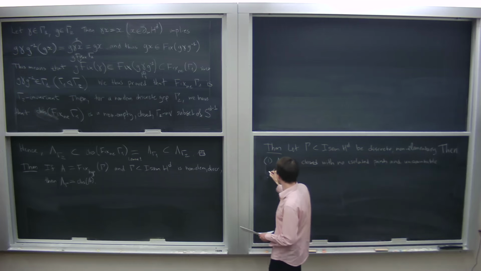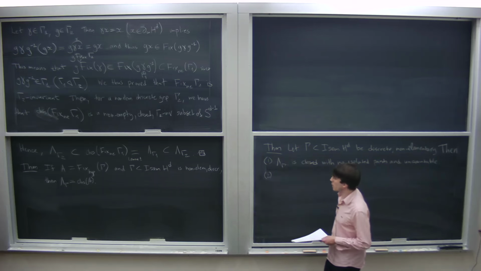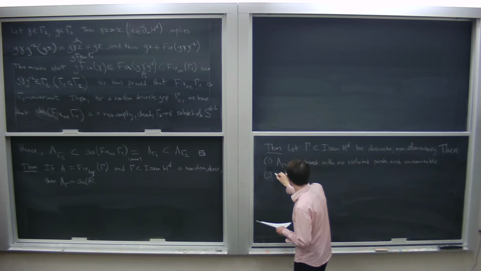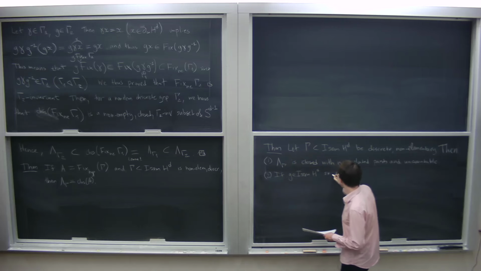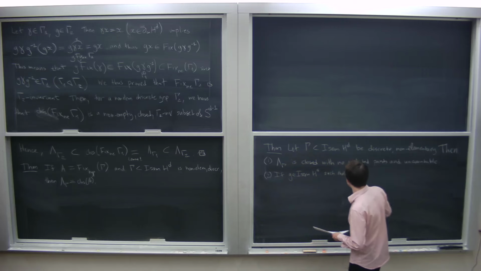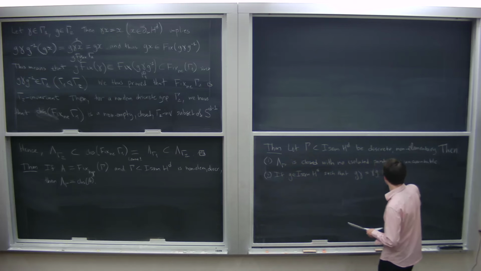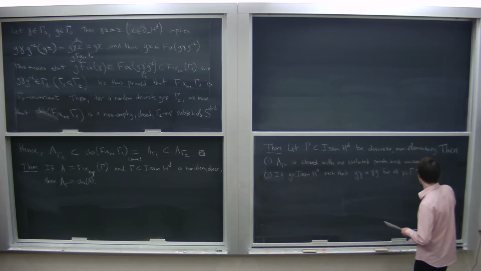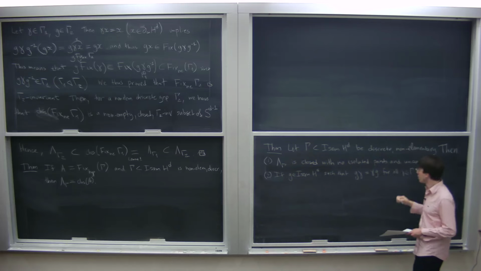The second part: if there is an isometry that commutes with all elements of gamma, so if G is an isometry of HD such that G gamma equals gamma G for all gamma in gamma, then actually this is an elliptic isometry.